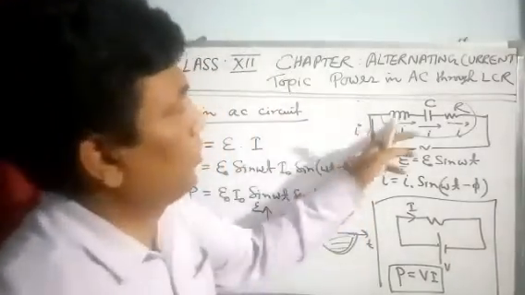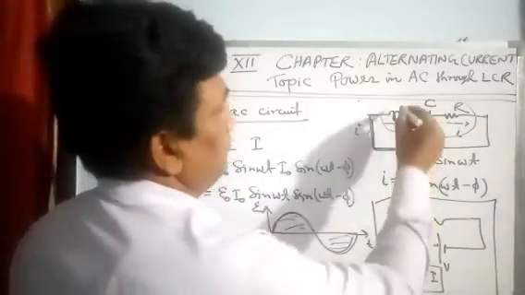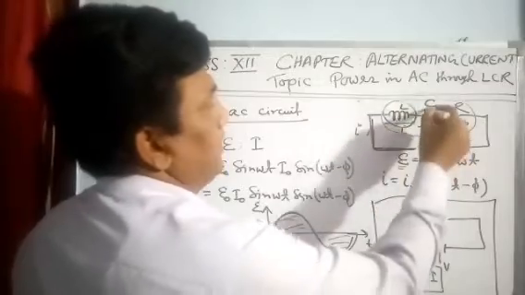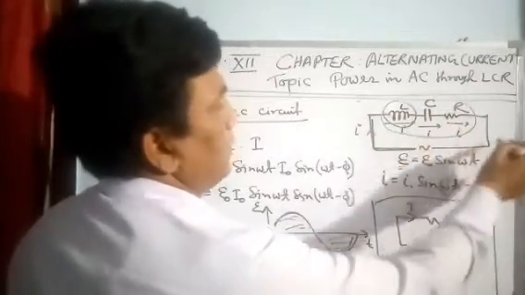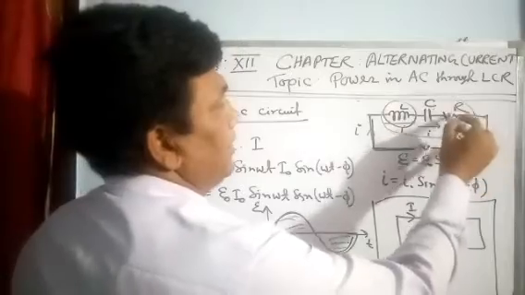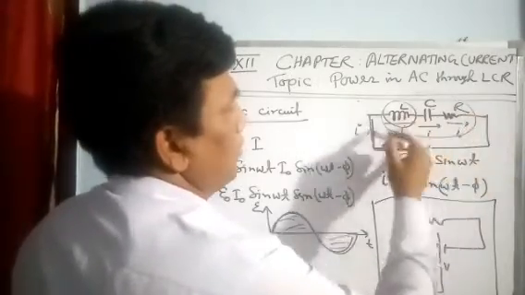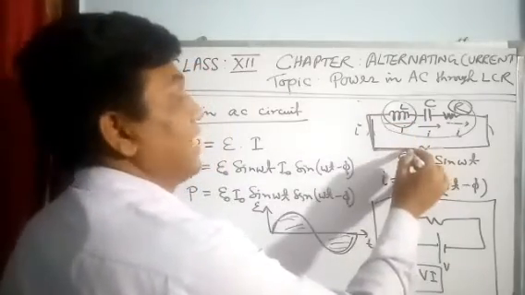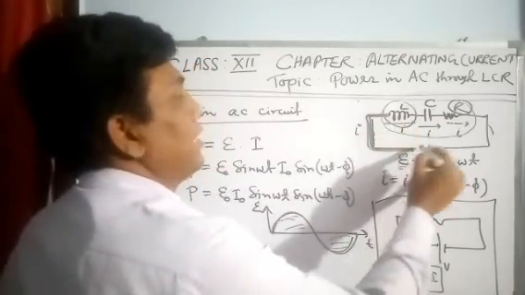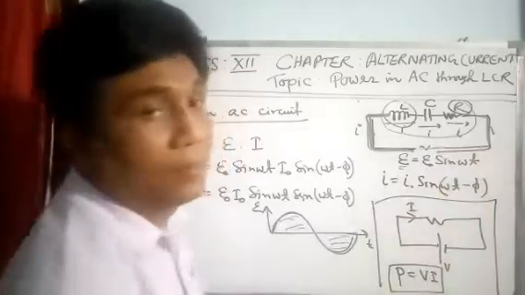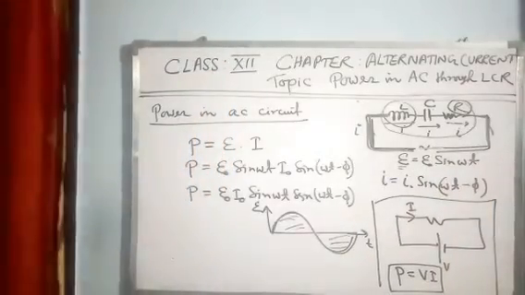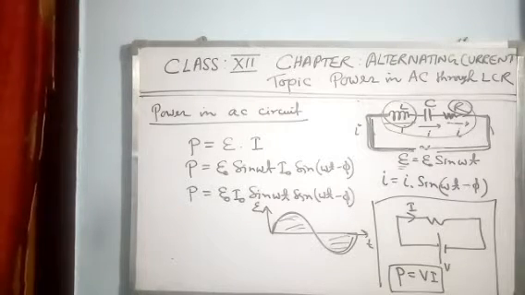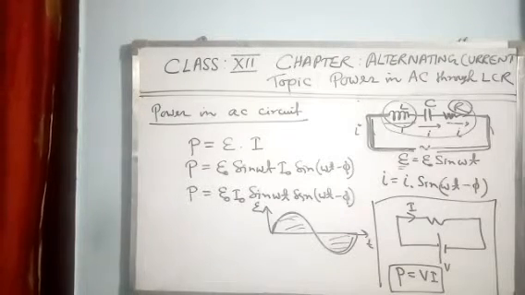But if it is drawn like this, it means the whole inductance of the wire is accumulated here, the whole capacitance of the circuit is accumulated here, and the whole resistance of the wire is accumulated here. The rest of the parts have no capacitance, no inductance, no resistance, because I have specifically put L, C, R in the figure.